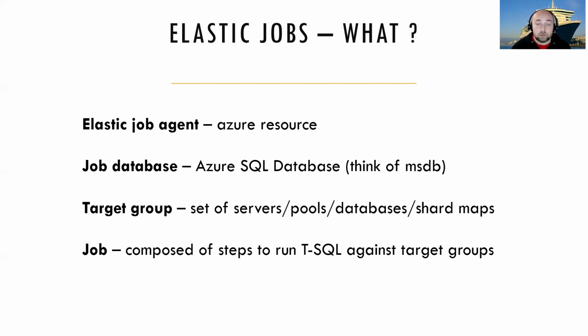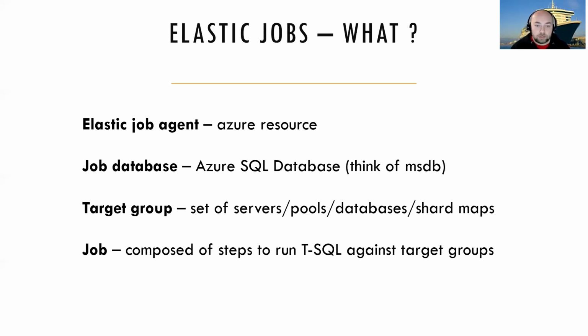It's very similar to MSDB database on premises. We need to have target groups, and that's a very clever thing to do: we can either have the whole instance, this whole Azure SQL server, or Azure SQL Database, or we can even have one server and exclude some databases. So that's a cool thing to do.